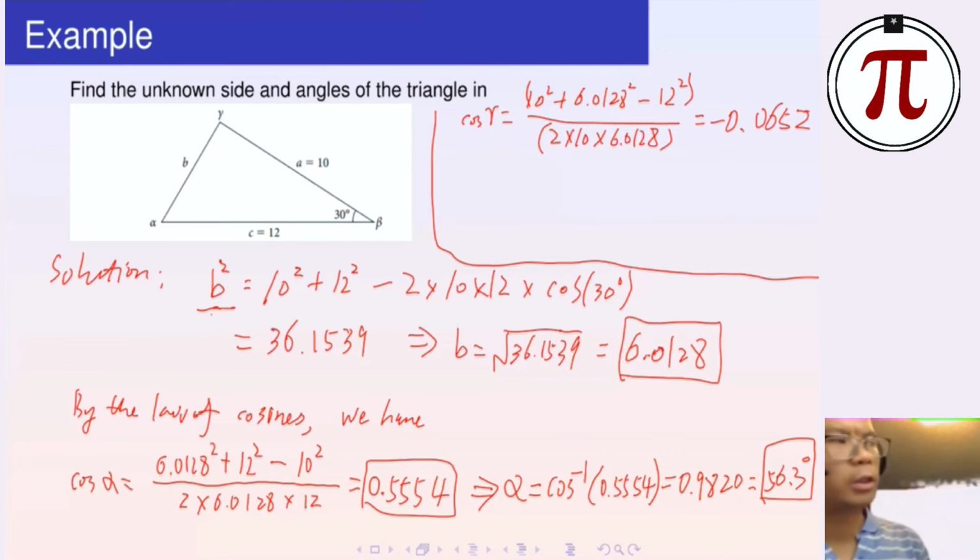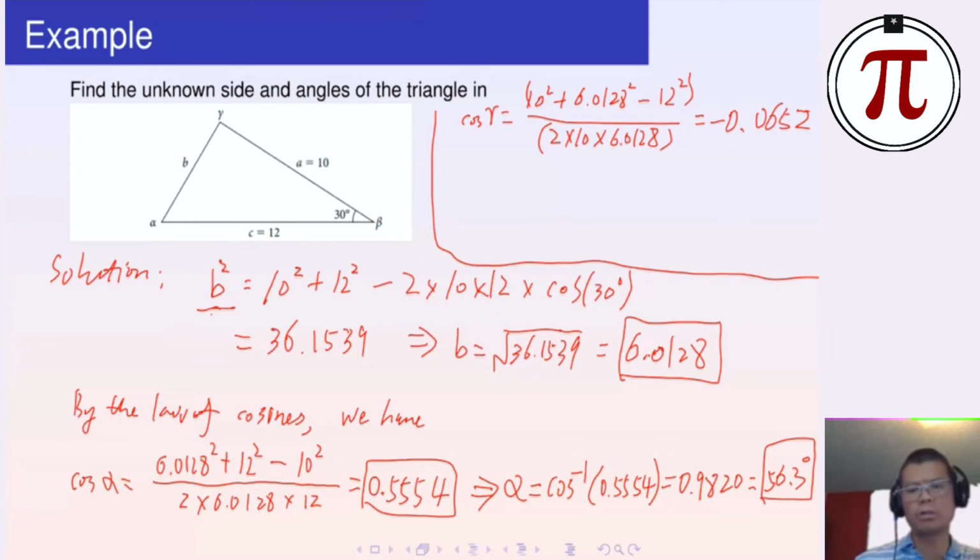So what do you do in the calculator? All right, input parentheses. 10 squared plus 6.0128 squared minus 12 squared. Close the parentheses. That's parentheses on the top. You got this? After you do this, division, divided by another parentheses.